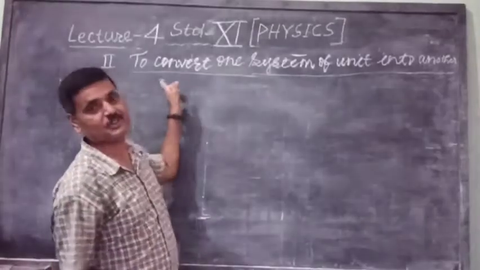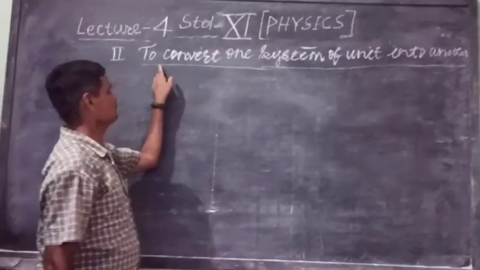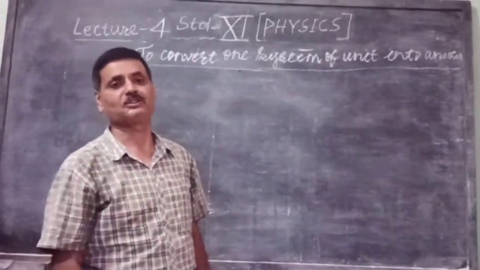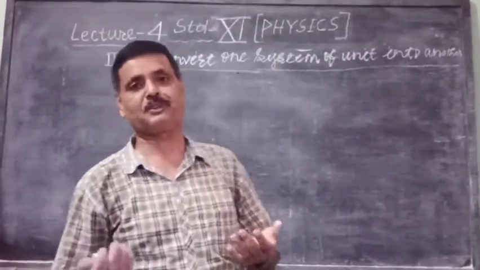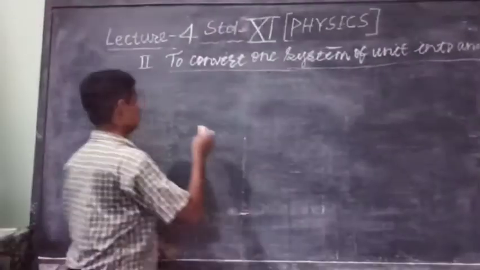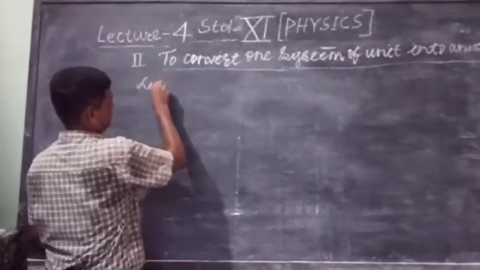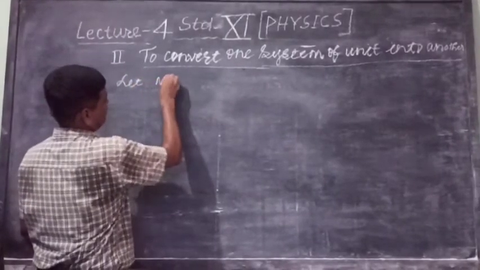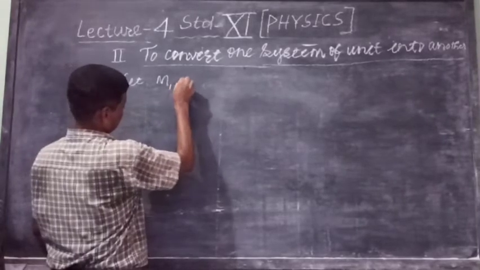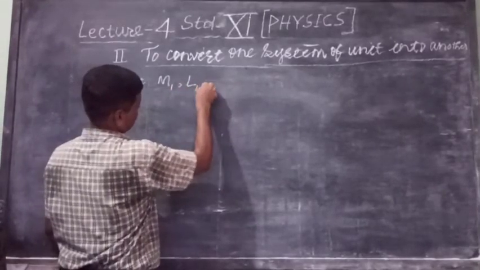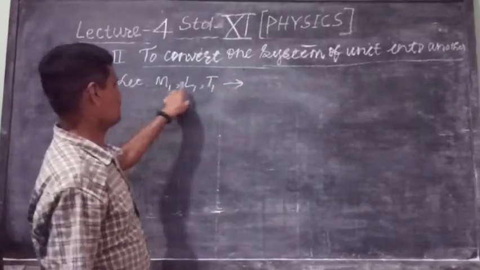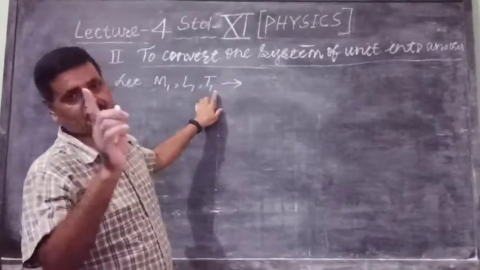Let's come to the second application, that is to convert one system of unit into another. It means we have to convert one system into another system. Let M1, L1, T1 be the values of mass, length and time of the first system.